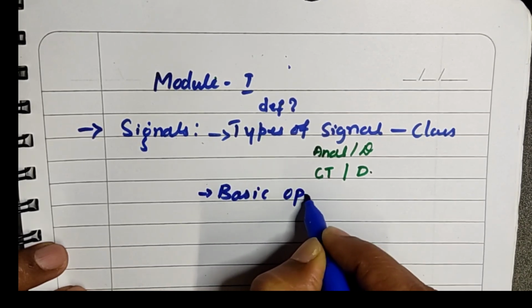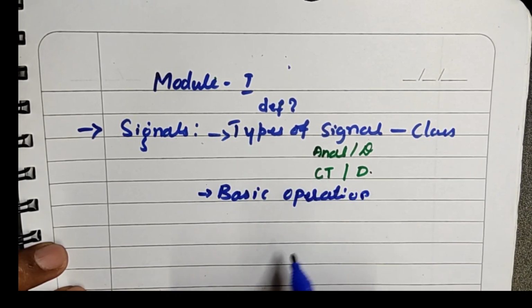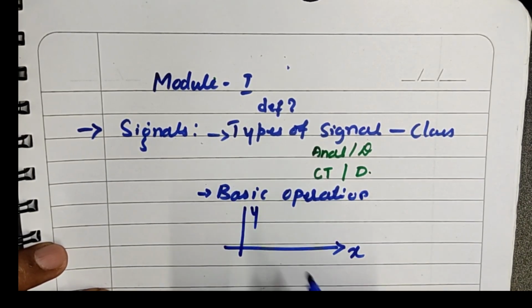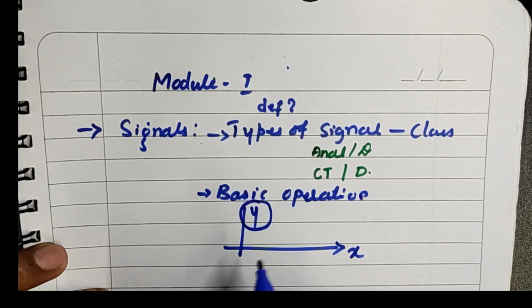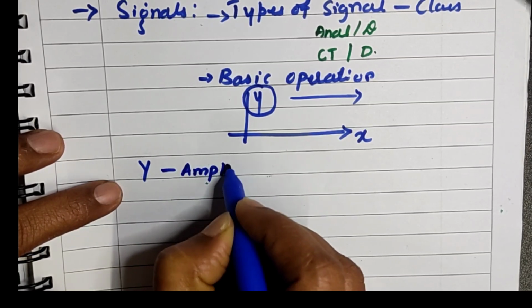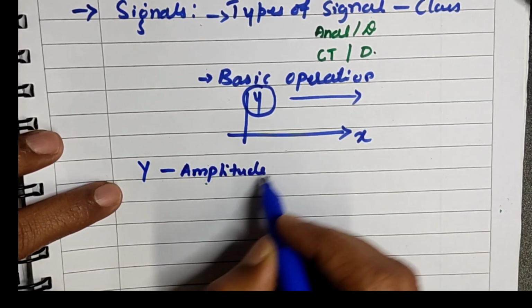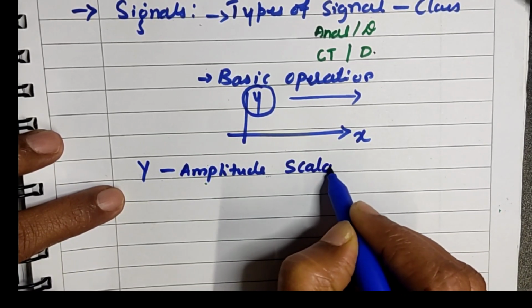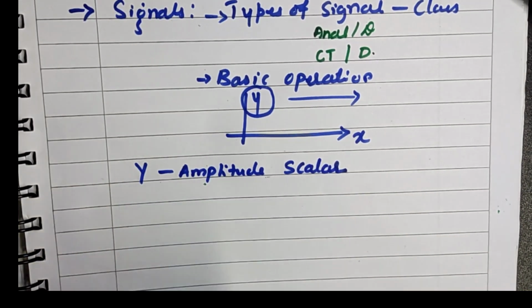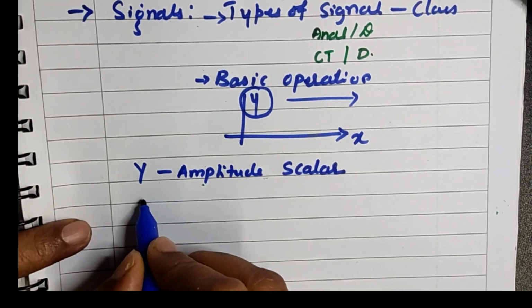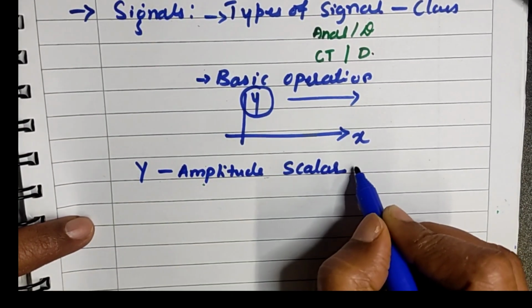Basic operations are basically of two kinds: one with respect to the x-axis and another with respect to the y-axis. With respect to the y-axis we have amplitude, which is also called scalar, and along with this we have addition, subtraction, and amplitude multiplication.